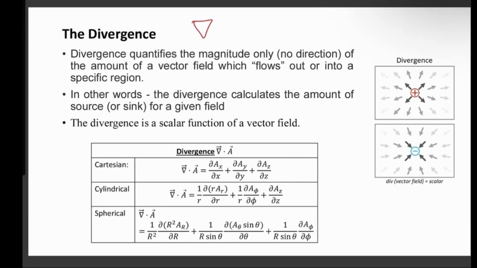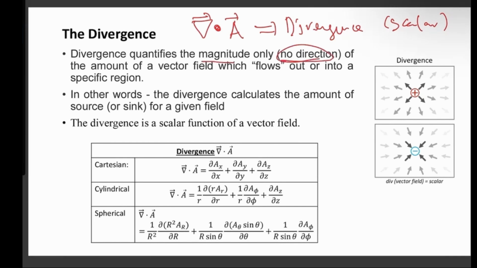Operator dot vector becomes divergence. Our divergence is a scalar, which means there is no direction. Divergence quantifies the magnitude only. Yes, no direction, just a scalar.